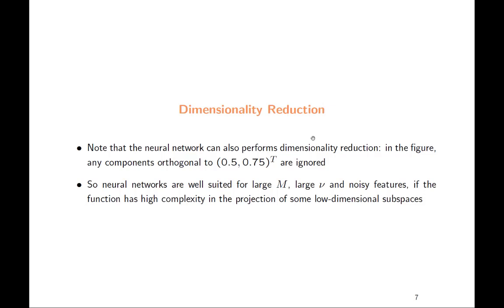So neural networks are well suited for a large number of inputs, but also small smoothness. So mu, which I had introduced before last year, which was a frequency. So we're talking about smoothness.